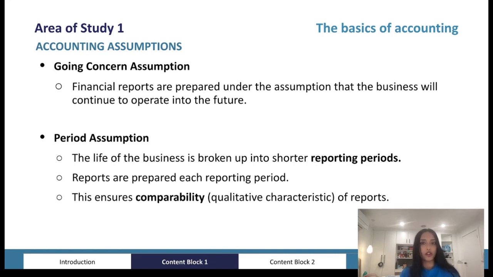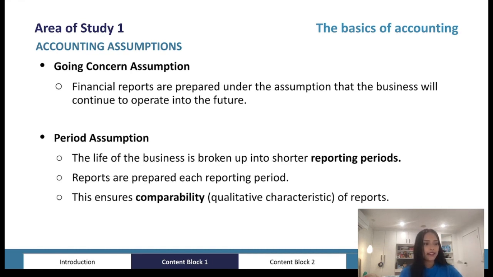You as the business owner aren't going to know about that problem until the end of the year when the report is given to you, which is why a lot of businesses prefer to prepare reports in shorter reporting periods.